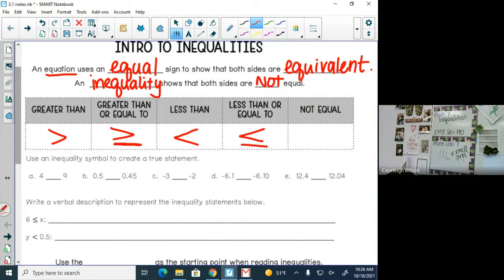Because it says that it can be greater than or it can be equal to. If I put 7 is greater than or equal to 7. Is that true? It's equal. 7 is equal to 7. So it's 7 is greater than or it's equal to 7. So it's the equal part that makes it true. This one, it's the greater part that makes it true.